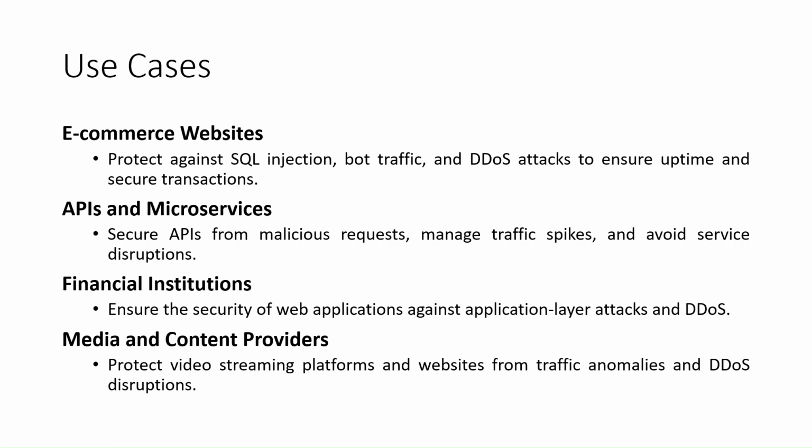AWS WAF blocks malicious requests like SQL injections and bot traffic, while AWS Shield protects against DDoS attacks, ensuring the site stays up and secure, especially during busy shopping periods.